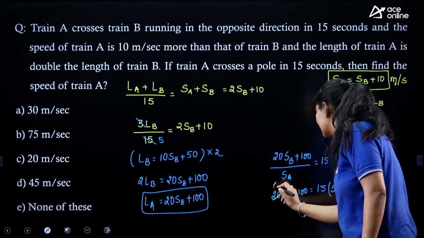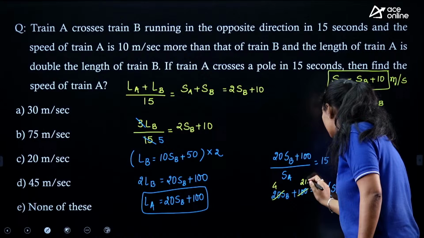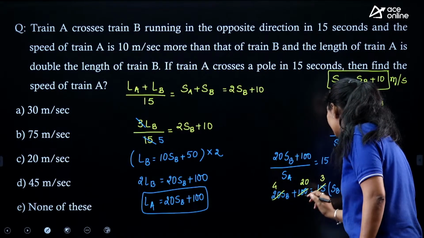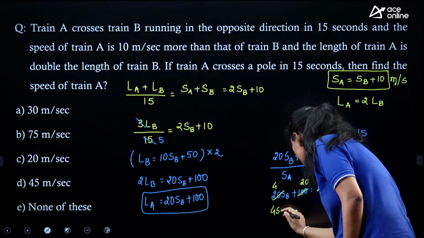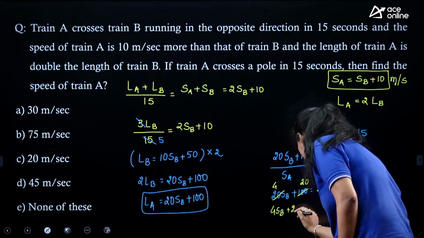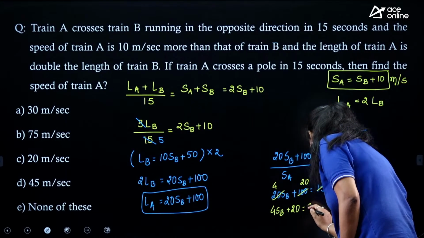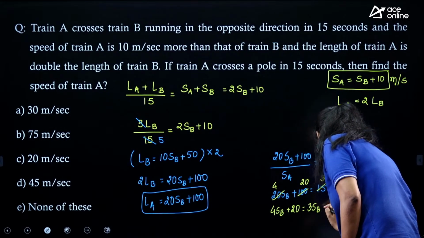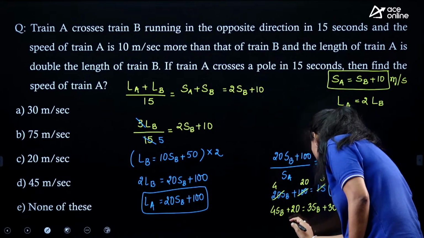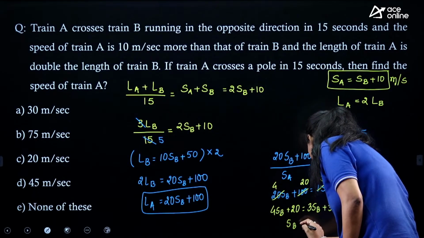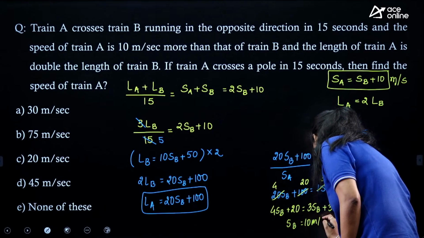So here we are getting 4 SB plus 20 equals 3 SB plus 30. So the value of SB that we get here is 10 meters per second.